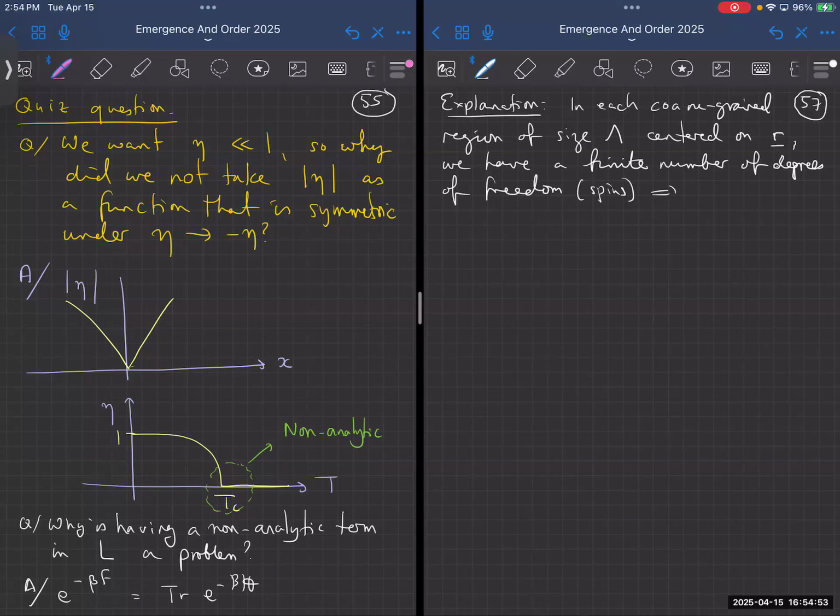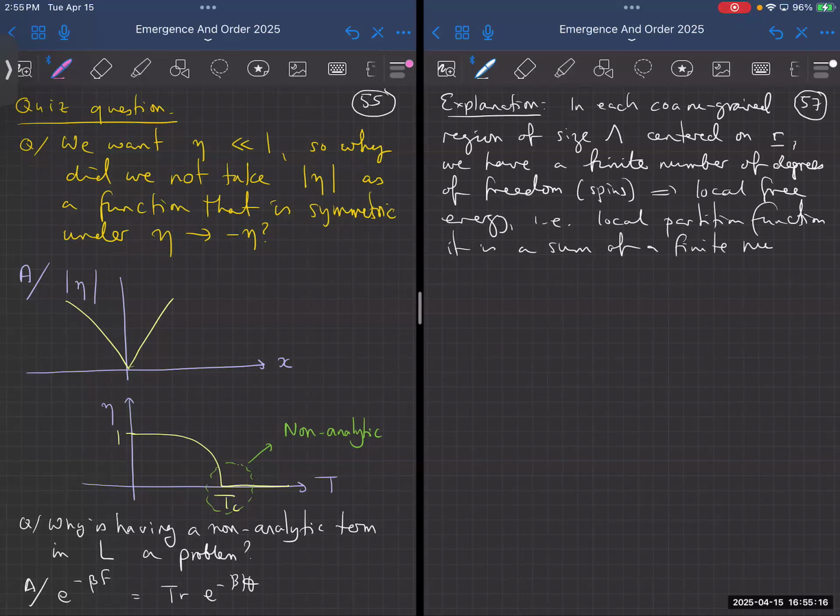And that means that when we compute the local free energy, i.e. the local partition function, it is a sum of a finite number of terms, each analytic, i.e. of the form e to the minus beta times some energy.